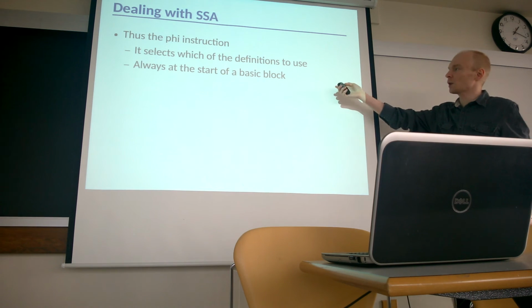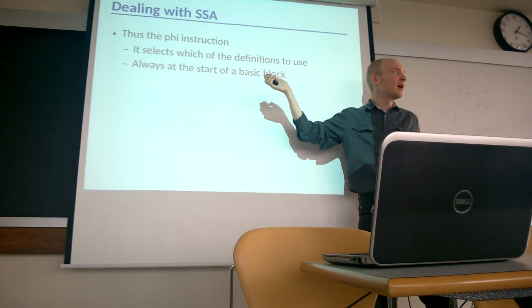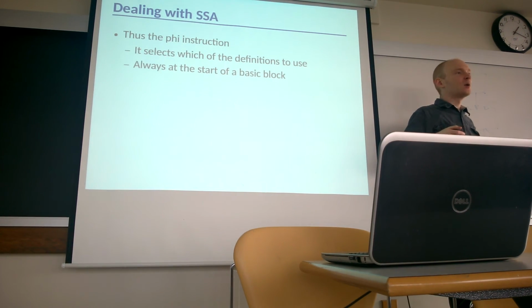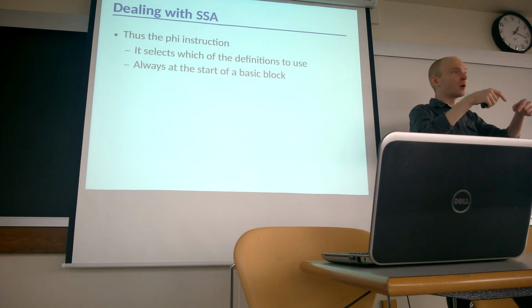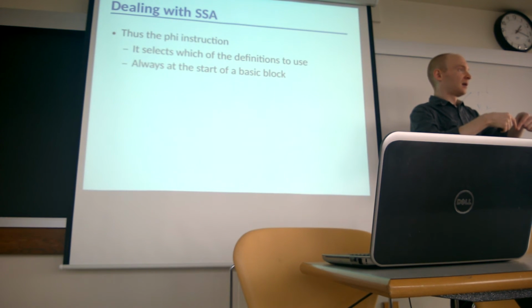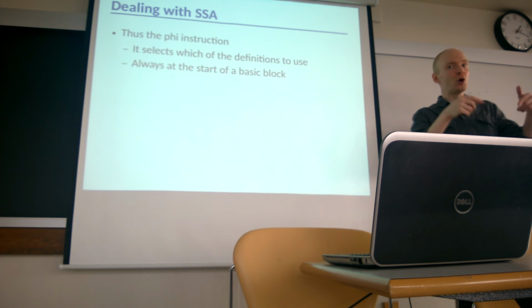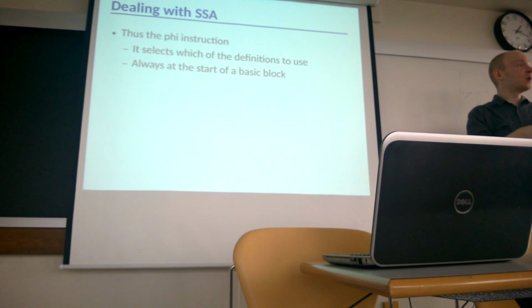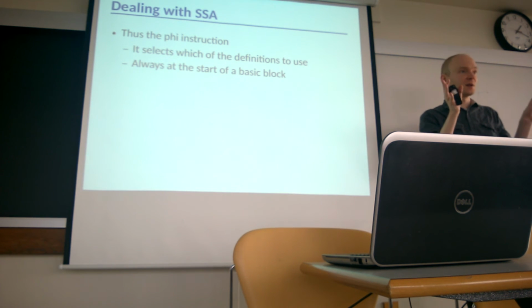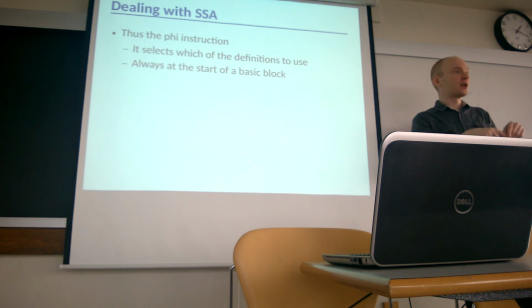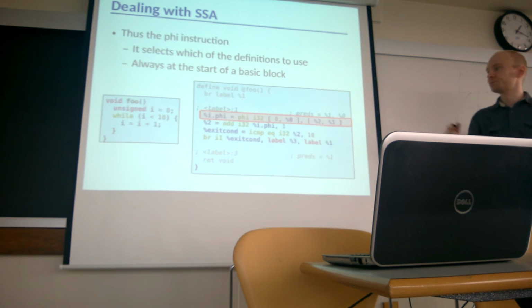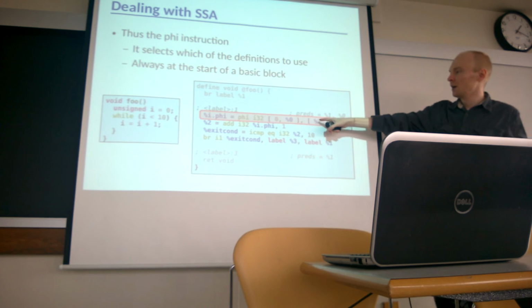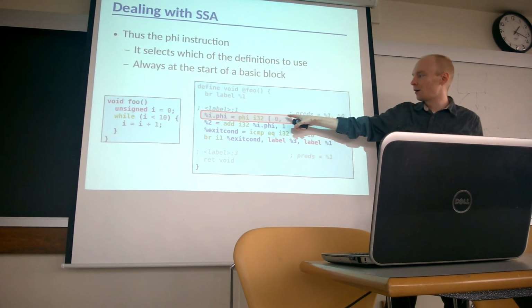In particular, these will always occur at the start of a basic block, but they only ever matter when you have a merging of multiple control flow paths. Because only when you have merging control flow paths can you have multiple different definitions of a variable that you want to use. Okay?